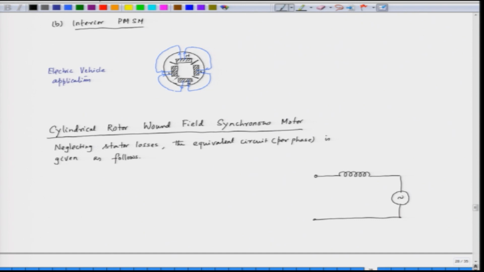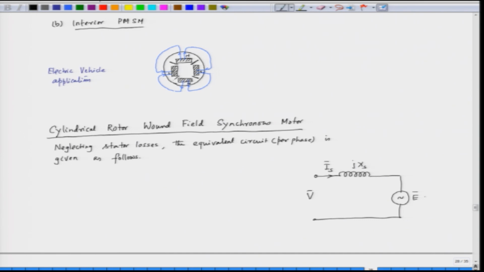So, this is the field induced EMF, which we can call E, and this is the applied voltage, which is V per phase, and this is the stator current, each one is a phasor, and then this is the synchronous reactance jXs. We have neglected the resistance because we have neglected the losses.